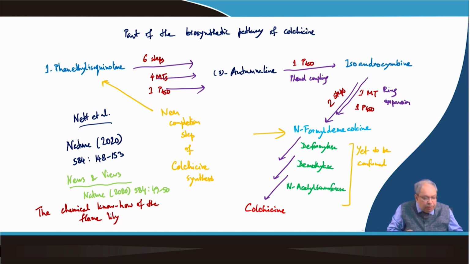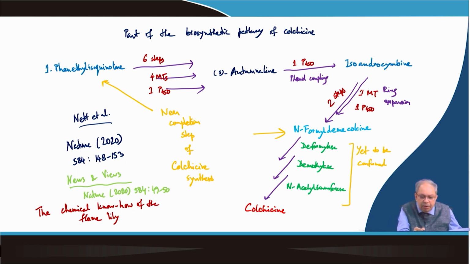There they considered that 1-phenethyl isoquinoline is probably the starting point of colchicine biosynthesis, and this 1-phenethyl isoquinoline is probably derived from amino acids phenylalanine and tyrosine. This intermediate is to be converted to N-formyl demecolcine in a 9-step reaction, the first intermediate that contains the molecular scaffold of colchicine.